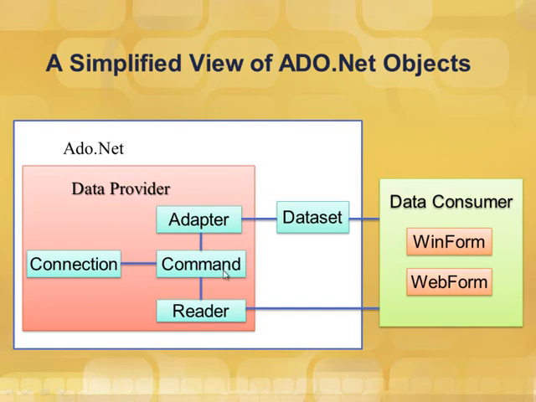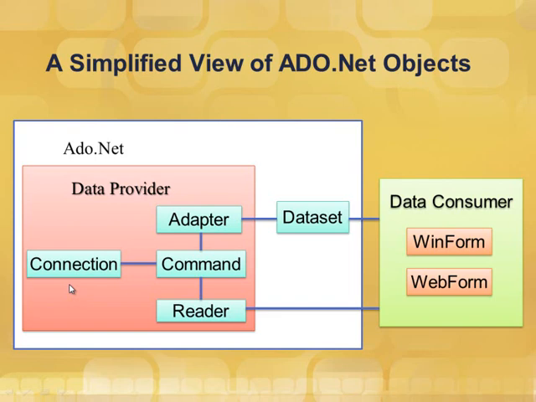Now, the command object on its own cannot go and talk to the database. In order to connect to the database, it has to have a connection established, and that is maintained by a separate object called the connection object. The connection object is responsible for maintaining the connection. The command object is responsible for issuing the commands.